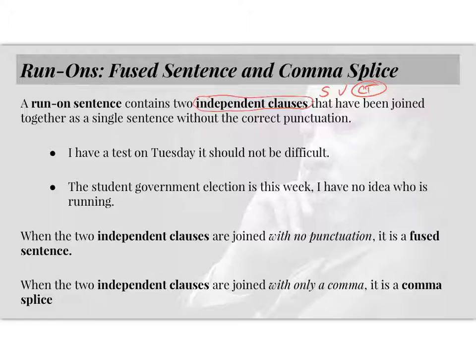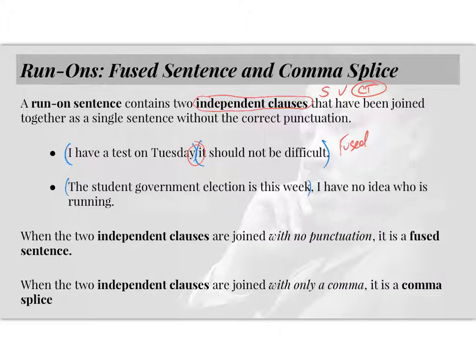So if you look at these two examples, I have a test on Tuesday, it should not be difficult. We've got one independent clause here, one independent clause here, but they're joined together without any punctuation. So this is a fused sentence. If you look at the next one, the student government election is this week, comma, I have no idea who is running.